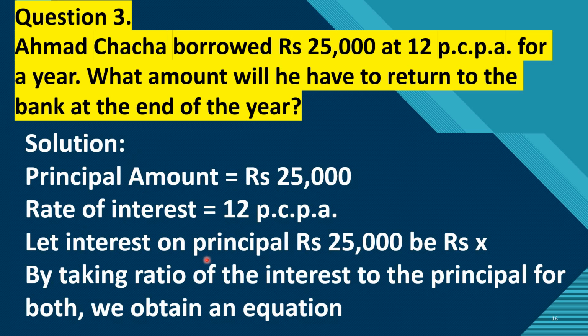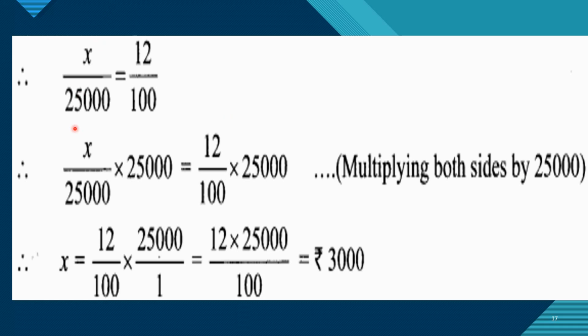Let the interest on the principal rupees 25,000 be rupees x. So by taking the ratio of the interest to the principal for both, we obtain an equation, that is x upon 25,000 is equal to 12 upon 100.